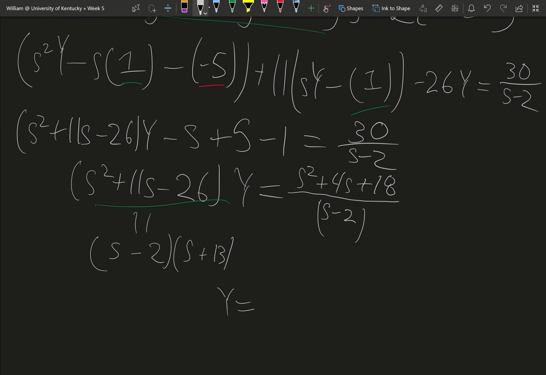I get y equals s squared plus 4s plus 18 all over s minus 2 squared times s plus 13.